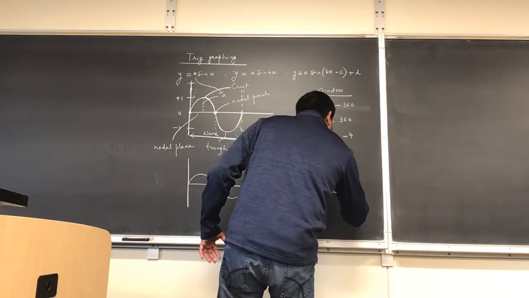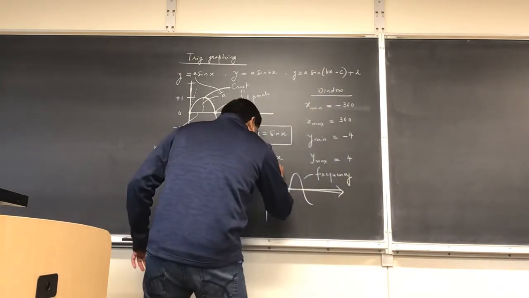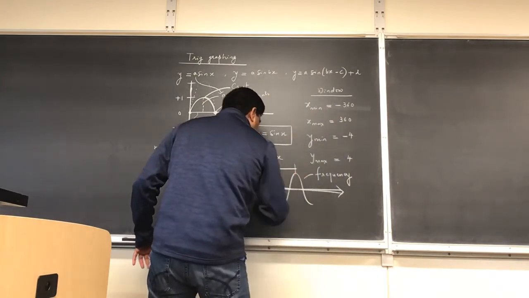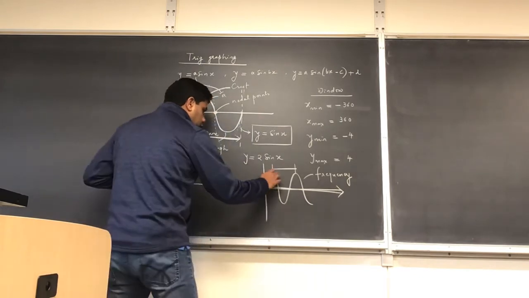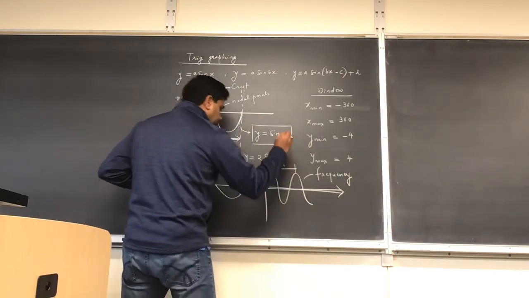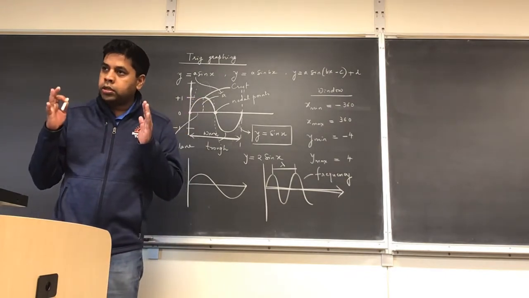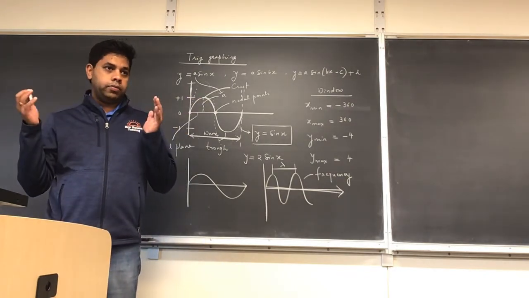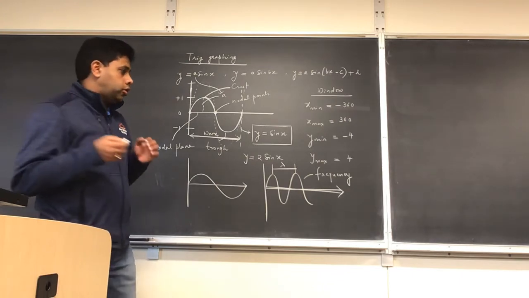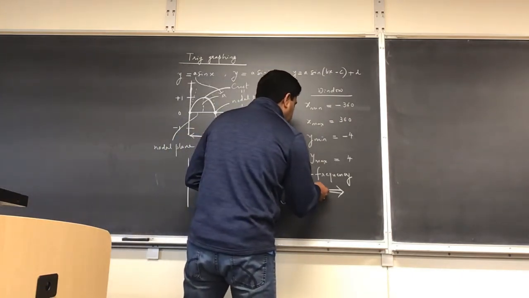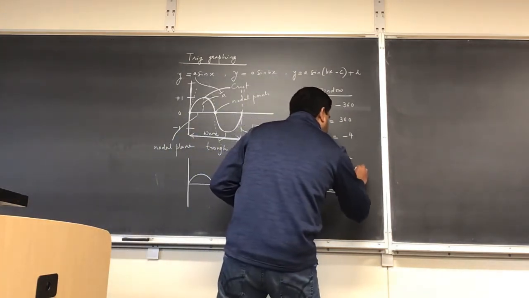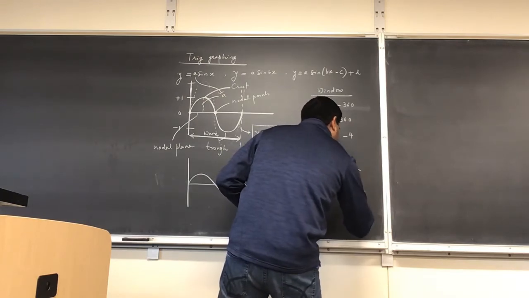So what makes a higher frequency wave? The distance between these two points is called lambda, the wavelength. Lambda reduces, frequency increases. You with me on this? So this has a higher frequency and a shorter period.